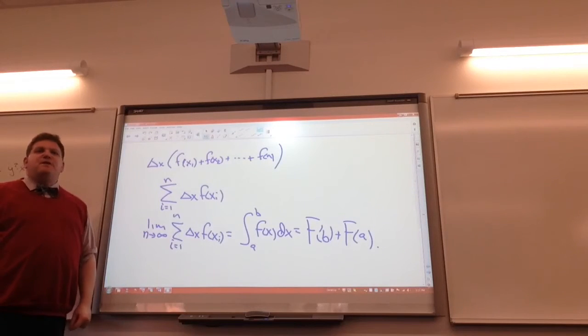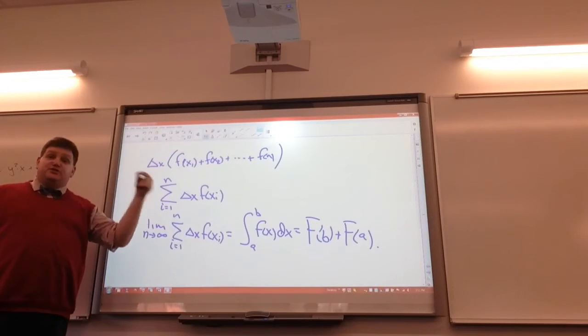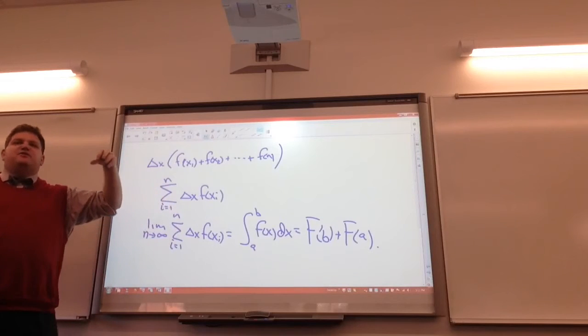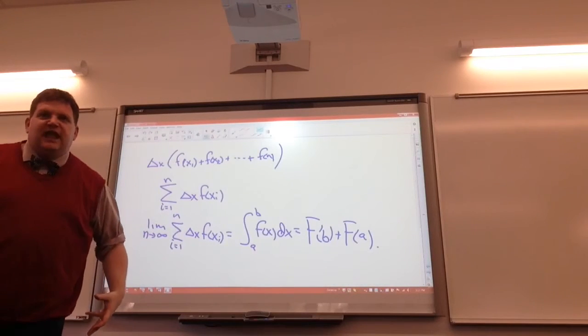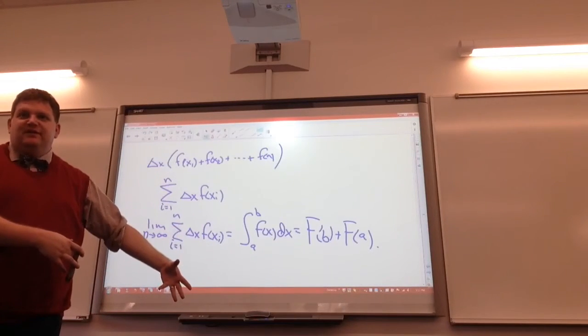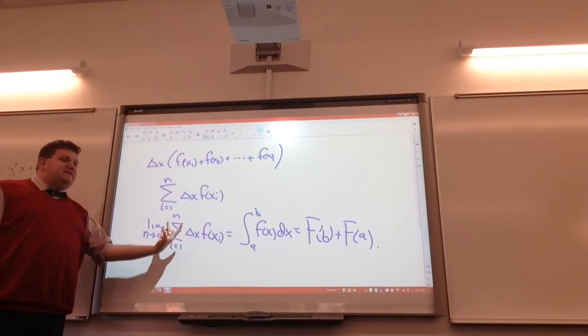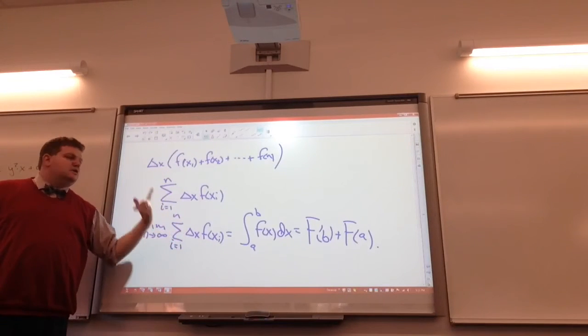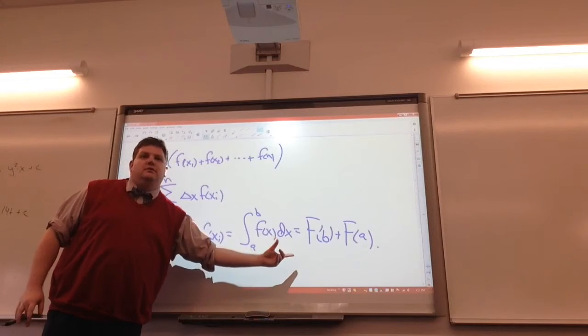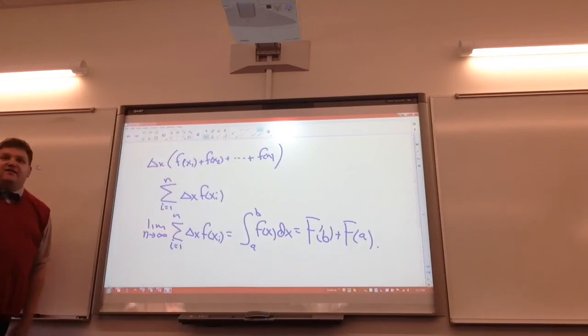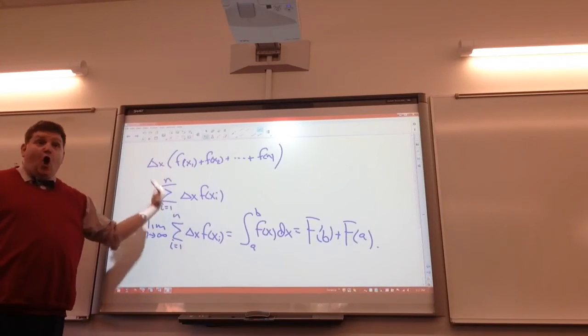How this would show up would be the same way we saw with that multiple choice question, where you'll be given a ridiculous looking limit, and it turned out just to be the derivative. Same thing here. You'll be given a ridiculous looking sum, and it just turns out to be the integral. And remember, delta x is equal to b minus a over n.